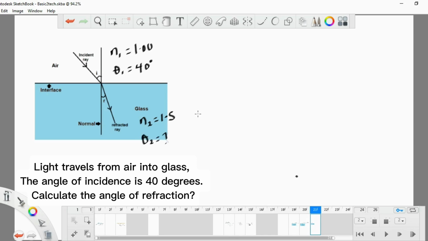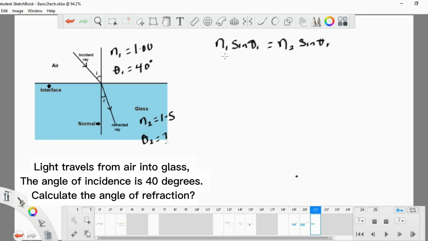We are asked to find the angle of refraction, so our unknown is theta 2. So for such a question, we have to apply Snell's law, which states that the refractive index of medium 1 times the sine of the angle of incidence is equal to the refractive index of medium 2 times the sine of the angle of refraction. So we plug in the values.